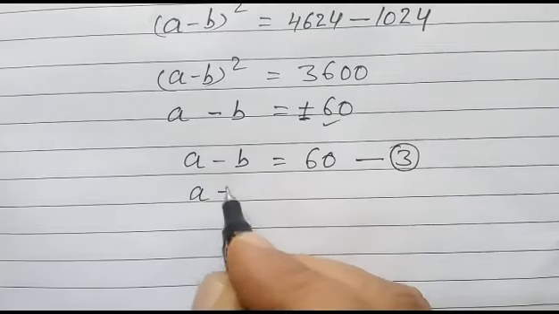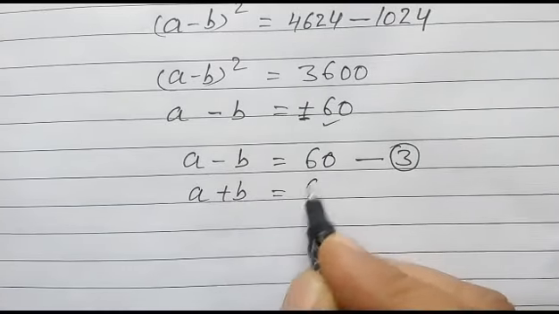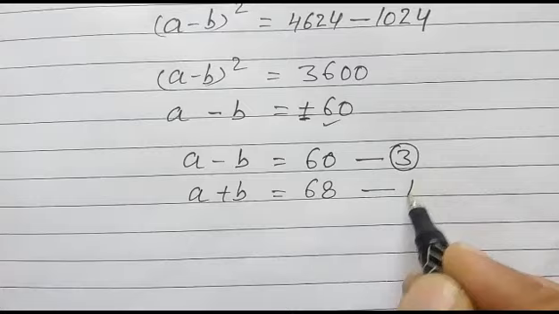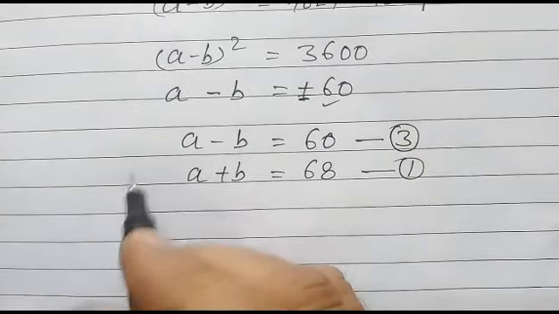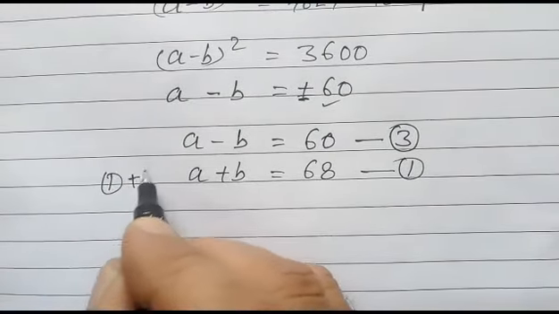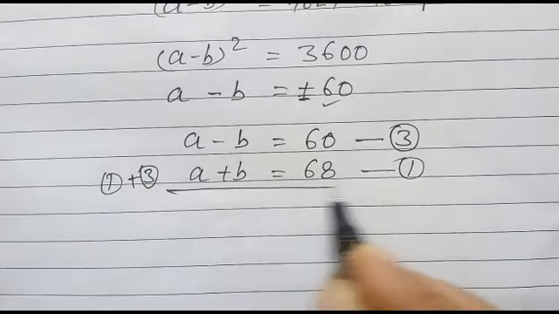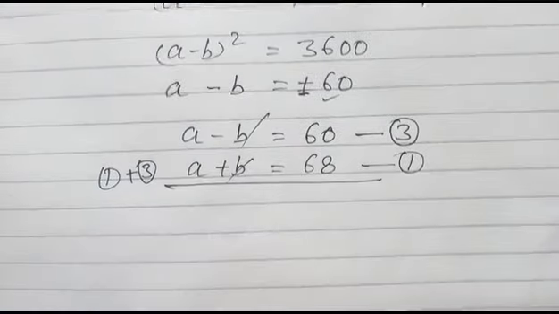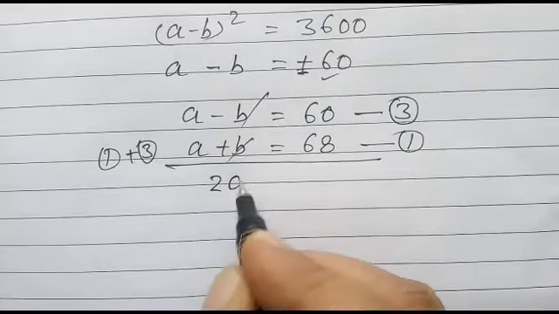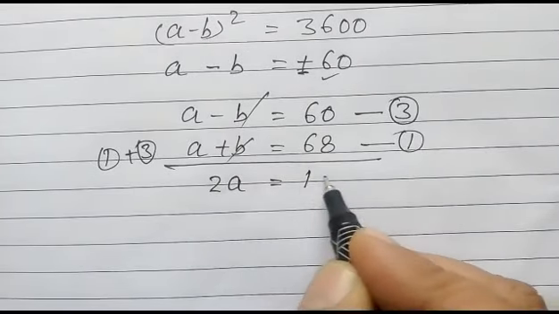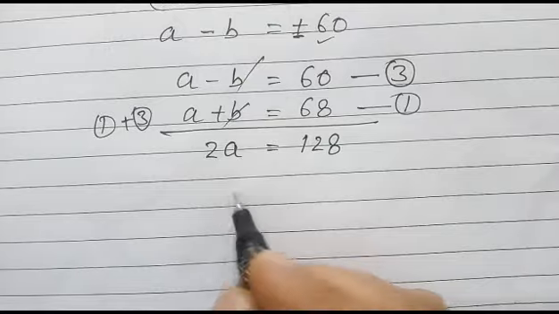And a plus b is equal to 68, equation first, right? So equation first plus equation third, plus minus cancel out. So 2a is equal to 128, right?